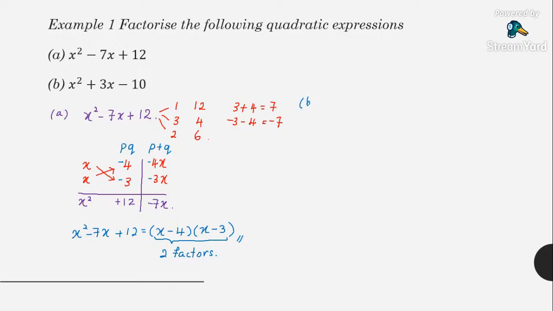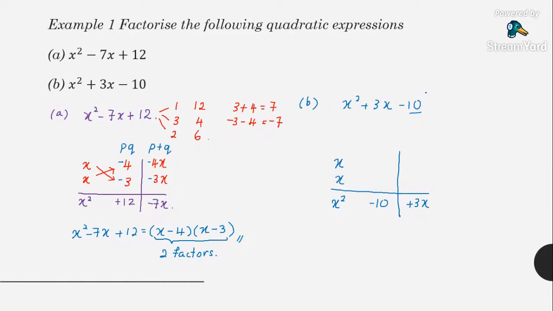Okay, so for B, same thing, I will do it quickly. So we will use the same method. Remember the first step, draw your table, put in. So this is negative 10, this is positive 3x. So this will be x and x.